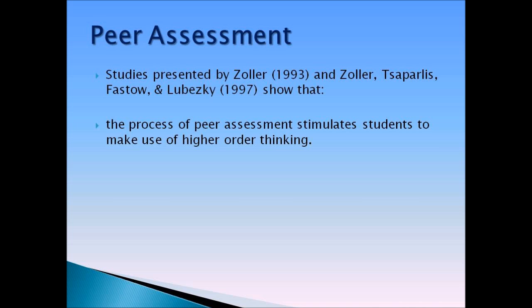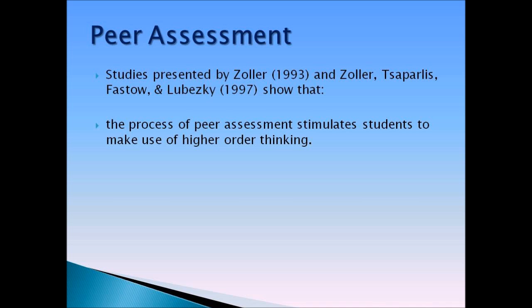In addition, studies by Soler, 1993, and Soler, Zaparlis, Fastow, Lubeski in 1997 have found that the process of peer assessment stimulates students to make use of higher-order thinking in order to judge the work of their peers.